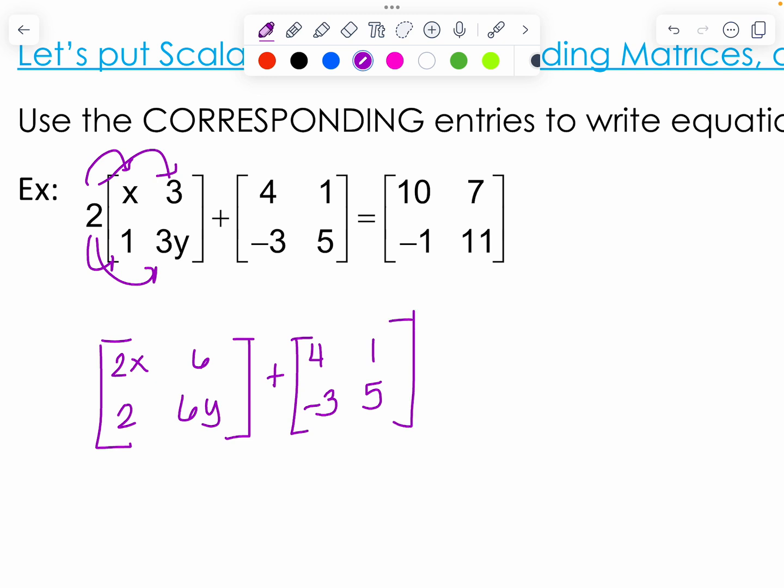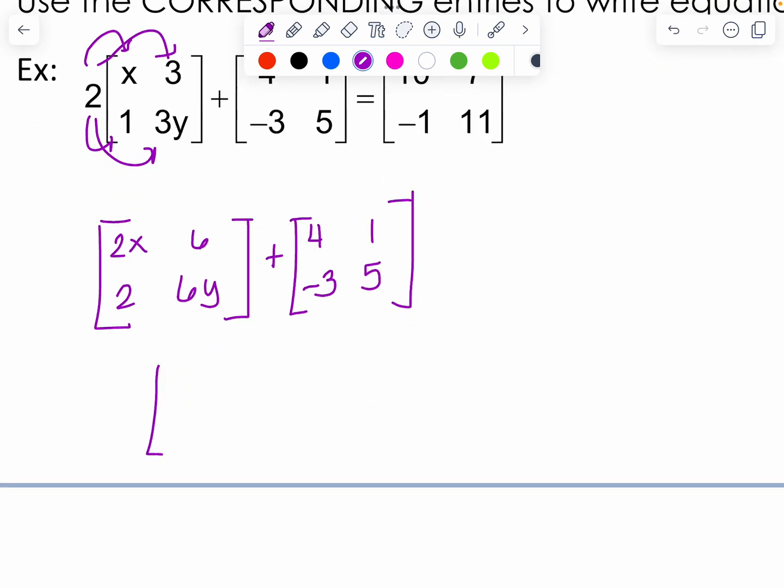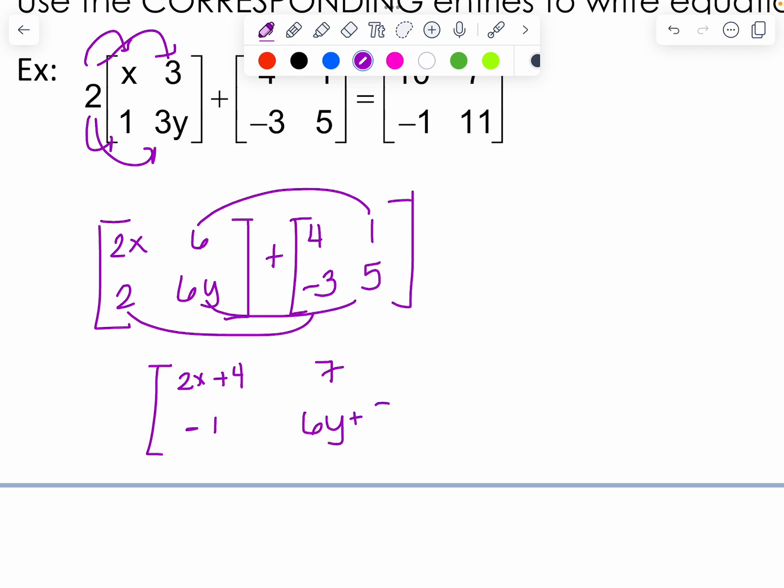So now I add my corresponding terms. 2x plus 4, I went ahead and added those. Then I would add 6 and 1 is 7. Negative 1. And then 6y plus 5.